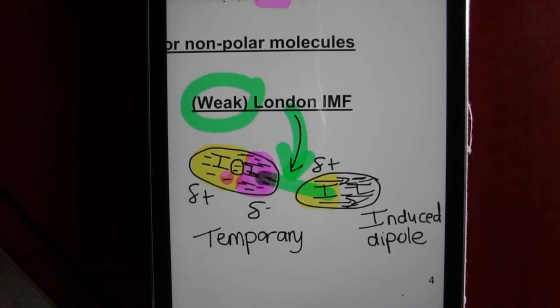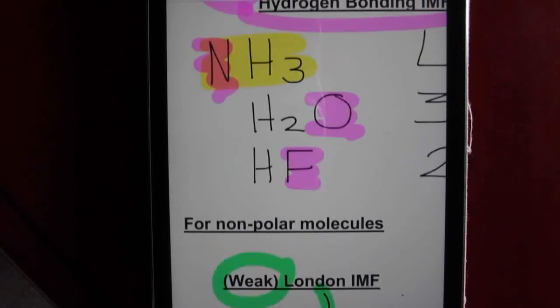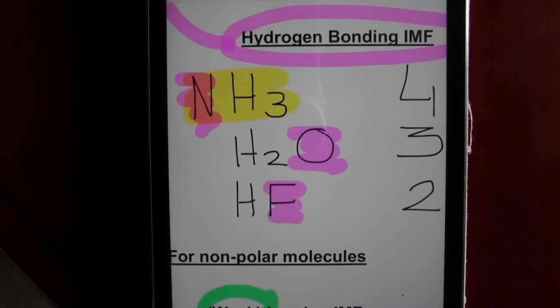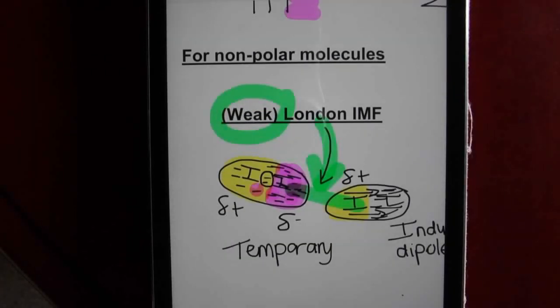Now what you need to remember about these London forces, they trick you sometimes in questions, because you need to remember that all molecules have electrons, because there's electrons moving around in all molecules. So if I look at these molecules here, even though the dominant force was hydrogen bonding, there is still some London forces as well. So sometimes you're not going to be able to explain the difference between two things, because they might both have hydrogen bonding.